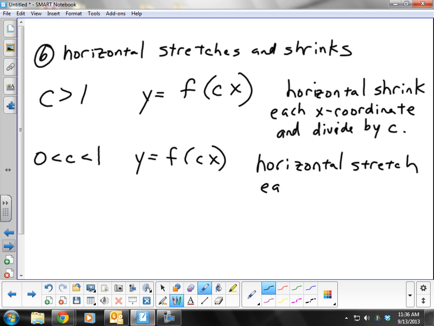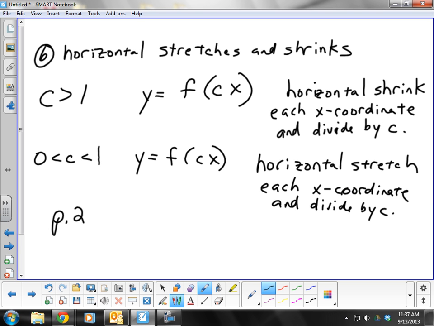So we're going to take each x-coordinate and divide by c again. Okay. Now, in case you're worried about remembering all that stuff, all of those transformations are summarized on page 213 in table 1.4. So all that's written for you again there, so you can look at it.